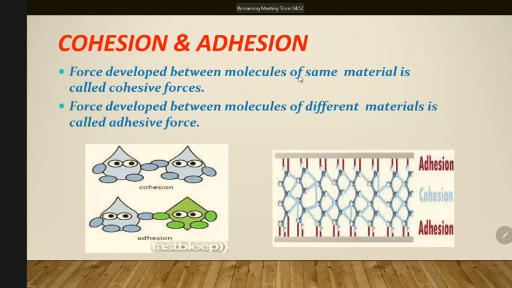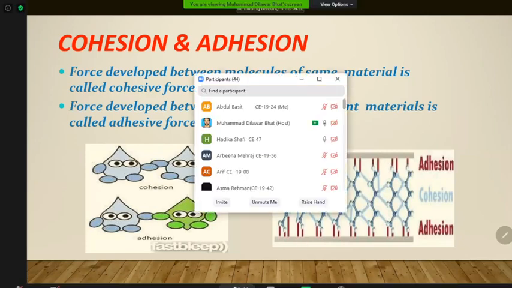Now, from the picture itself, I hope you might have got an idea. What is cohesion? Cohesion basically occurs between the material having the same particles or the same molecules. If we have a material which has the same molecule particles, then they get bound together by cohesion.